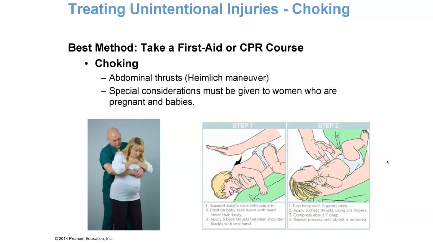Some women carry very high, some women carry very low, but you want to put it above the baby bump. Otherwise, you're going to be pushing in on the baby. You could hurt the baby. Also, you're not going to be able to move as much air in order to help dislodge it. For infants, you're going to do chest thrusts and back thrusts in order to hopefully dislodge whatever they would be choking on.